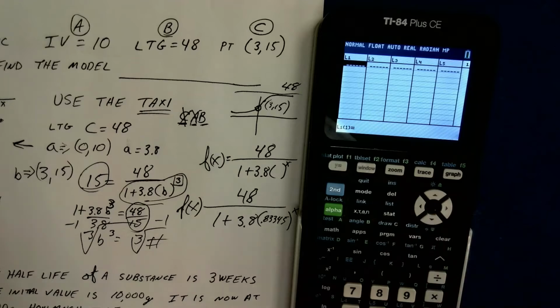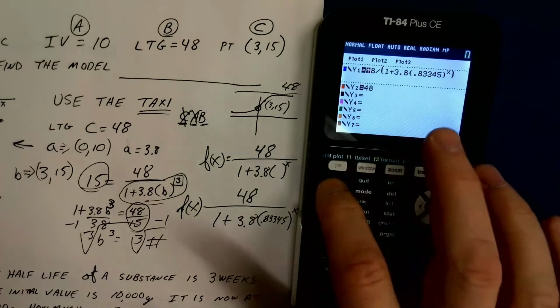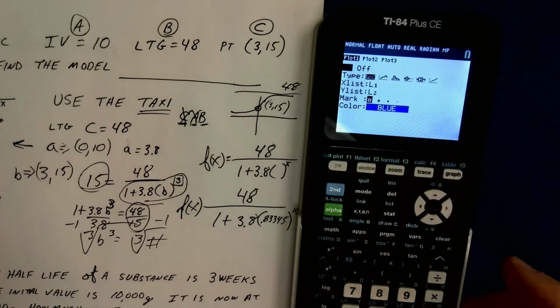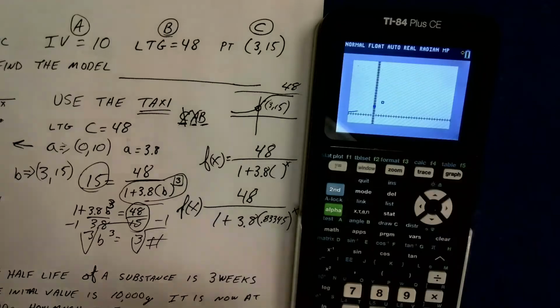I'm going to put those 2 points in just so you can see them on my graph. So 0, 10 was a point and 3, 15 was a point. Good deal. I go to my stat plot, second y equals. I turn plot number 1 on. I have a scatter plot L1, L2, and I hit graph. And now you can see that not only on the table was it there, but the 2 points that I said should exist do actually exist on my graph.